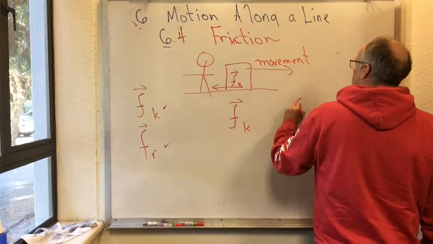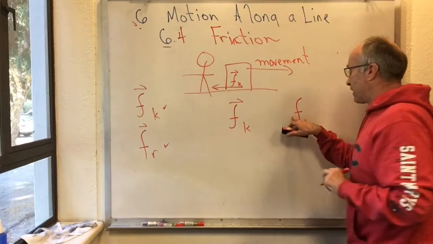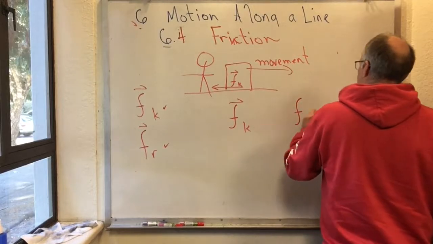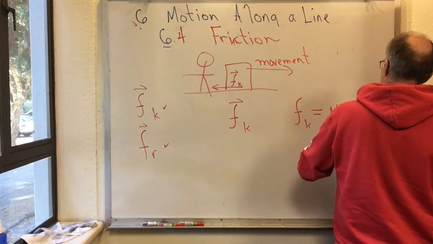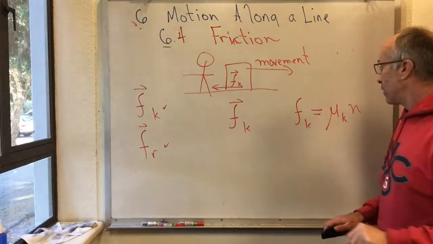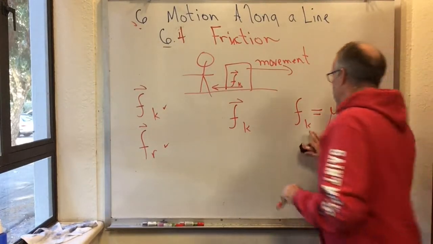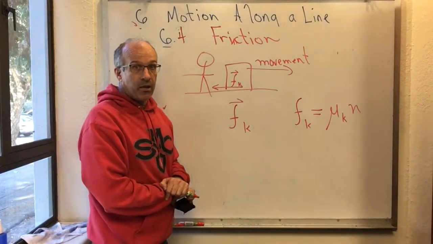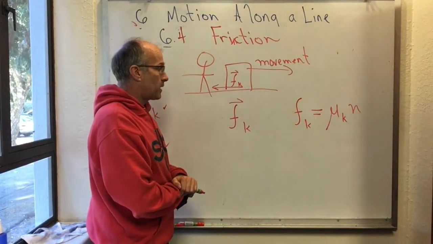And Fk, that's the size of the kinetic force, is going to be equal to mu sub k times n. Not less than or equal to, not greater than. It's just equal to mu sub k, which we call the kinetic coefficient of friction, times n.